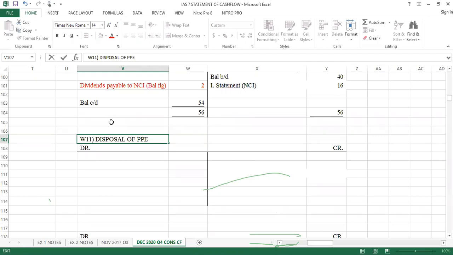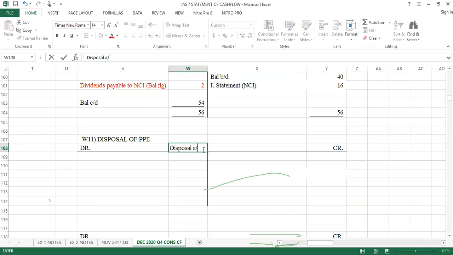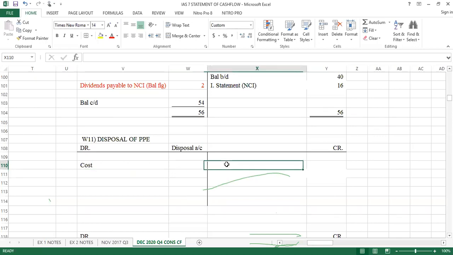So in our disposal of property, plant, and equipment, we need to show, of course, we open which account? Disposal account. We need to show the cost of the item that was disposed. Now, the depreciation of the item that was disposed. Is it necessary? No, it is not necessary in this question.